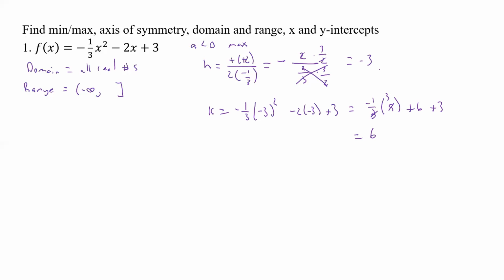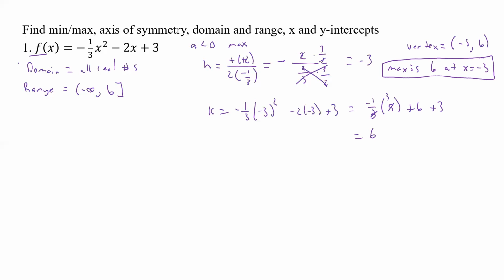And so our vertex is equal to -3, 6. Now, what do we know? Well, we know it's a max. So the max is 6 at x equals -3. So that's one thing we need. The max is 6, so this is going to be the max here.